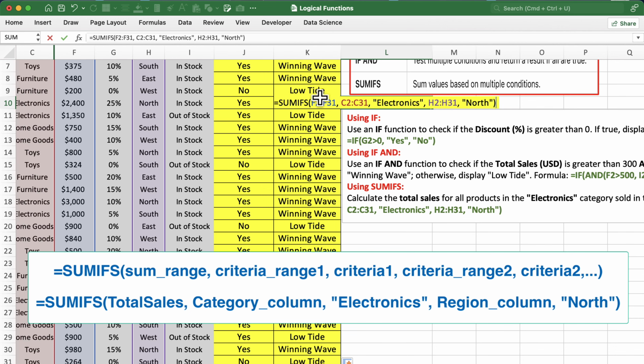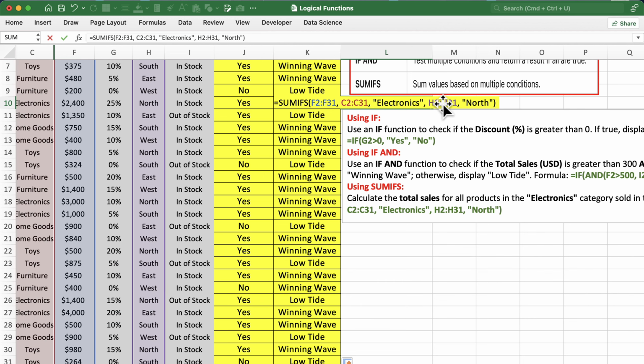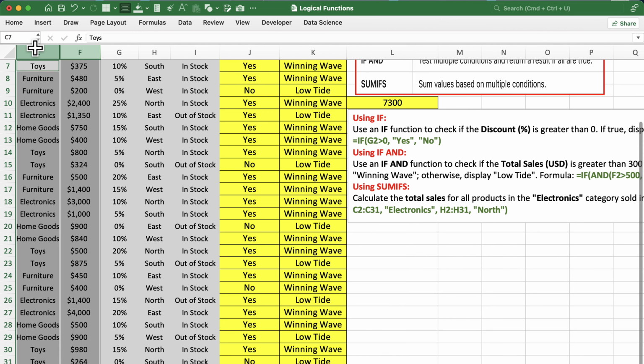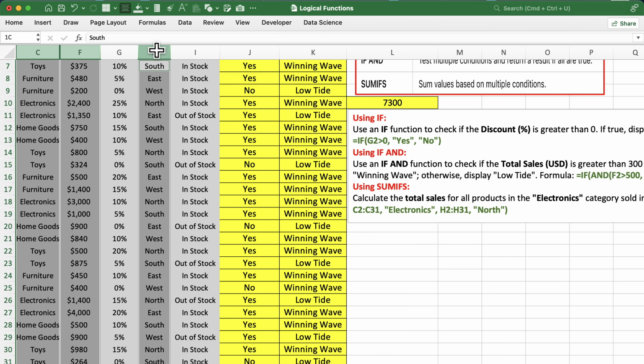Essentially, this formula means that we want Microsoft Excel to calculate total sales of items from electronics category and those that are sold in North region. When I hit enter, it gives us 7300, which means this is the sum of sales of all those products that belong to electronics category and they were sold in North region.